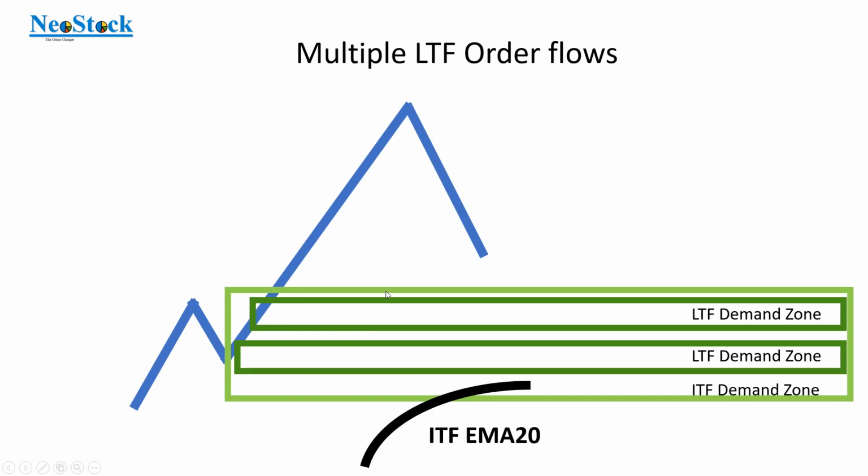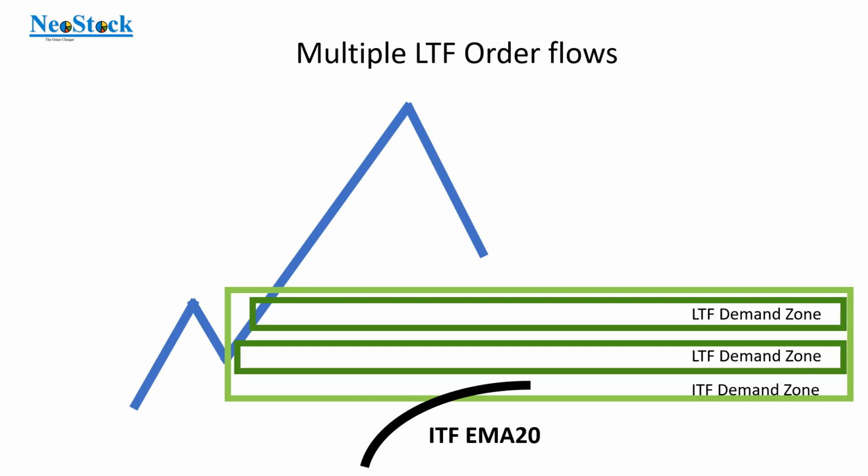Or one zone at the proximal line and another zone inside the zone, or one zone at the proximal line and another at the distal line, or one zone inside and one zone overlapped at the distal line. Anything can happen. Or you might even have 3 or 4 order flows, multiple order flows. That means multiple LTF zones might be available.